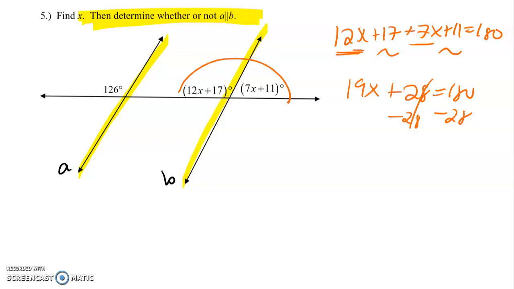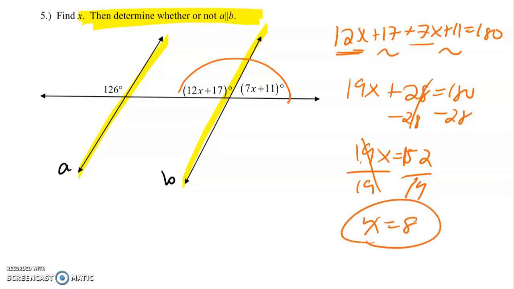So 180 on my calculator minus 28 looks like 19x is equal to, excuse me, 152. When I divide by 19, I get that x is equal to 8.